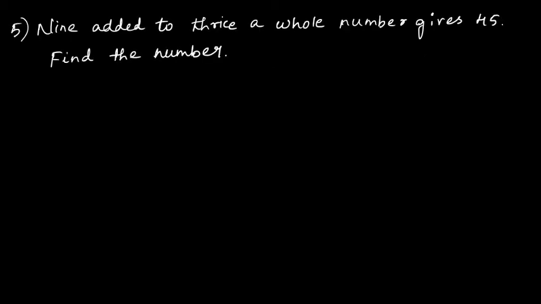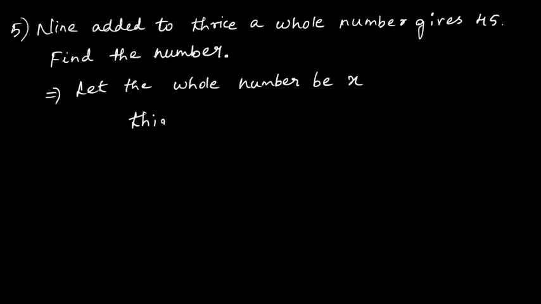Fifth question, 9 added to thrice a whole number gives 45. Find the number. So we'll take the whole number to be x. So let the whole number be x.